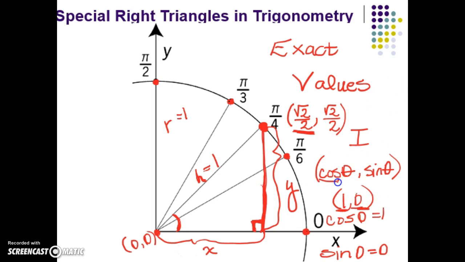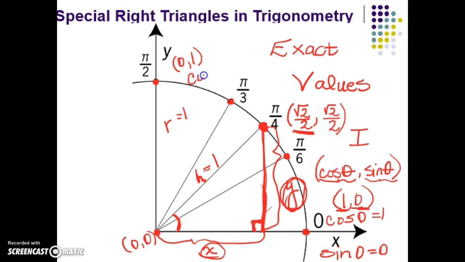We can think of cosine being equivalent to our x distance, horizontal, and sine being equivalent to our y distance, or our vertical distance. The coordinates to this point in the plane, x is 0 and y is 1. Remember, our radius is 1, so we know here that we have an x coordinate of 0 and a y coordinate of 1.